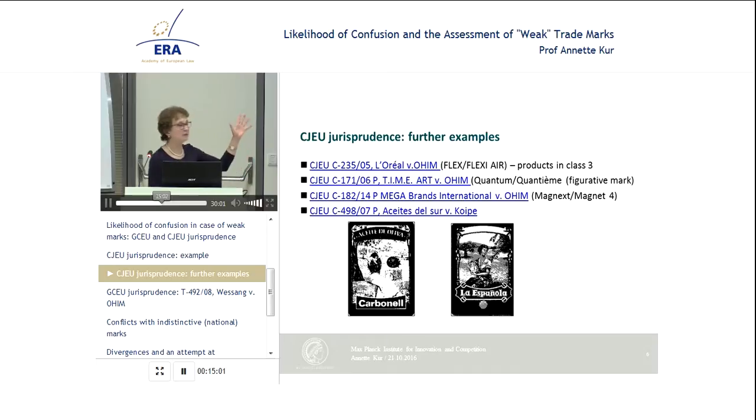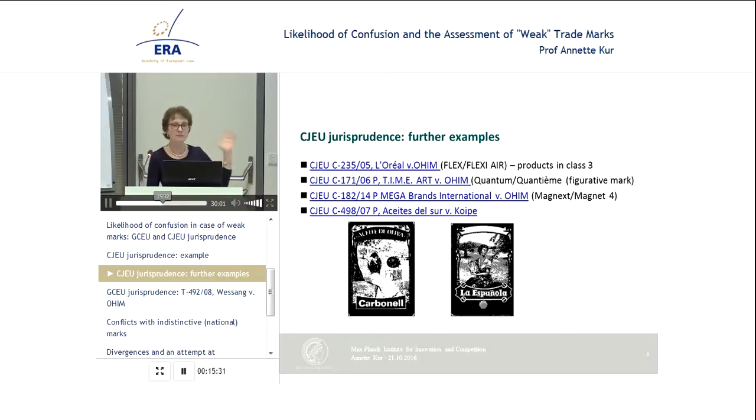I show you here pictures of one of the cases where I find this has been really taken to extremes, this finding of likelihood of confusion between marks which are, on the one hand, not really very similar in my view, and then if similarity is found, the similarity is really only in a motive which is very descriptive on top of it of the products for which it stands.